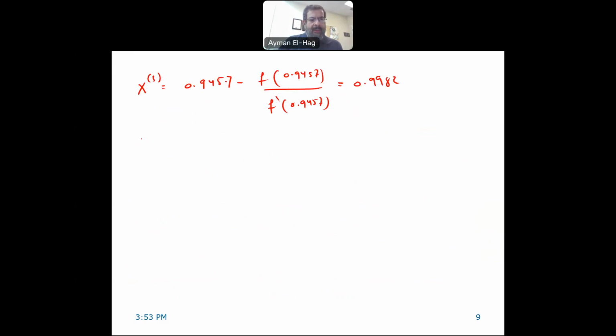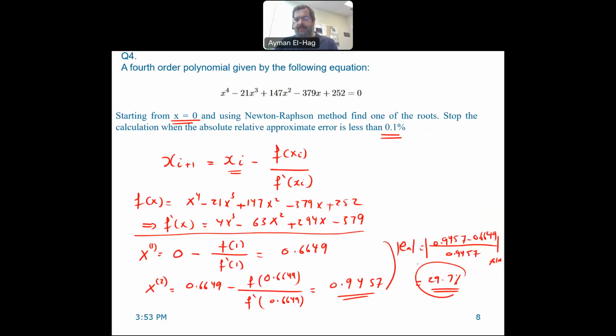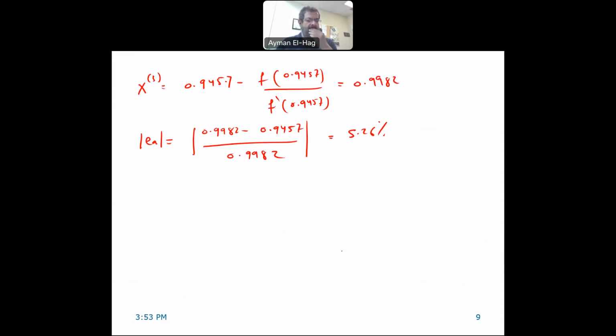Let me calculate the approximate relative error. It is 0.9982 minus the previous iteration, 0.9457, divided by 0.9982, and this will give me 5.26%. So the error dropped drastically from 29.7% to 5.26%.